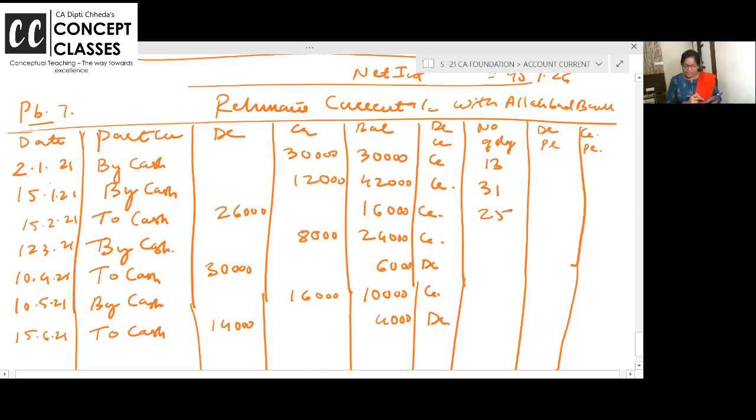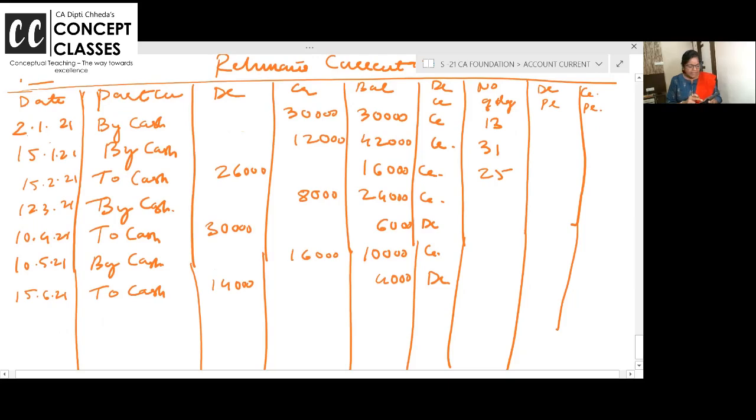25 days. 12th March to 10th April: 31 minus 12, 19 days of March and 10 days of April. 10th April to 10th May, so 30 minus 10, 20 days of April, 10 days of May. 10th May to 15th of June, 10,000 was the balance.